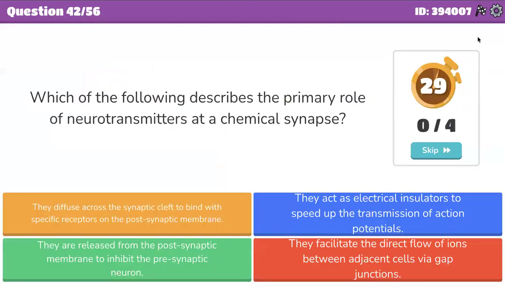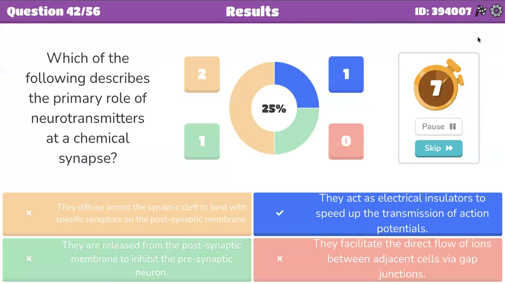Which of the following describes the primary role of neurotransmitters at a chemical synapse? They act as electrical insulators to speed up the transmission of action potentials.